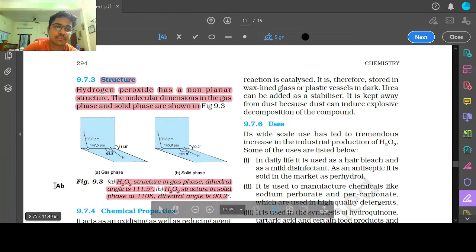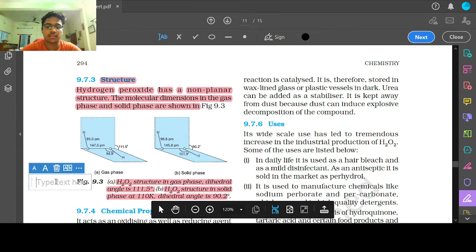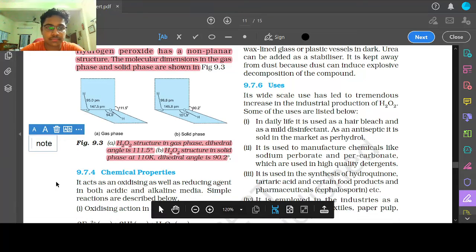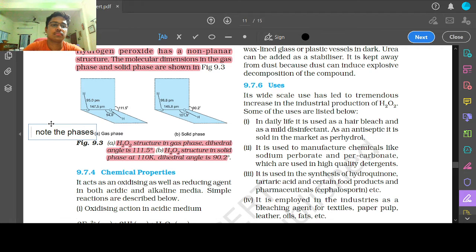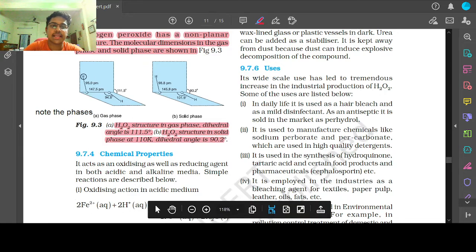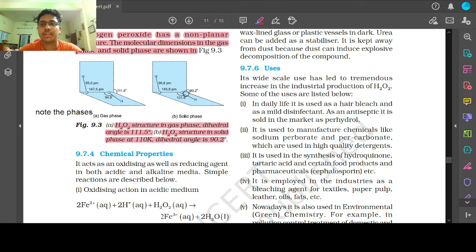Note the phases. This is the gas phase and this is the solid phase. In the case of water also, you need to know the shape in the gas phase and in the solid phase.